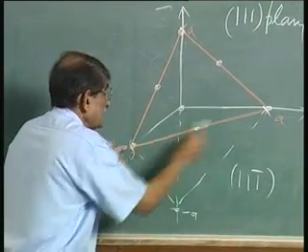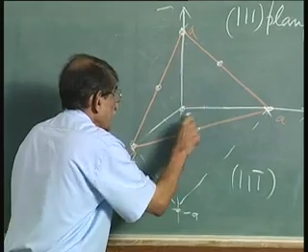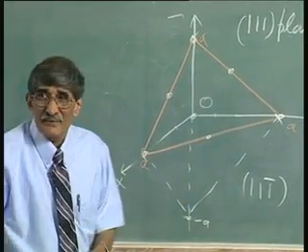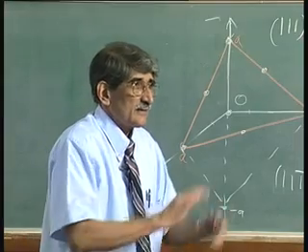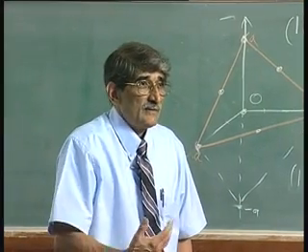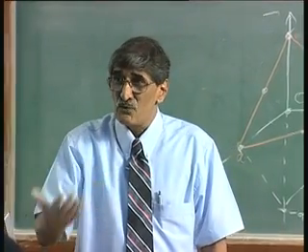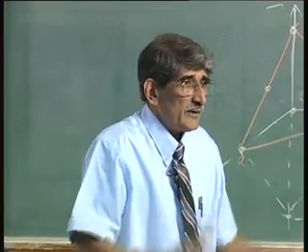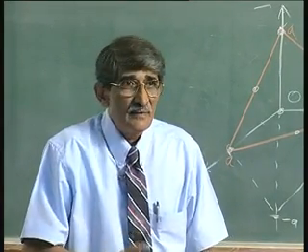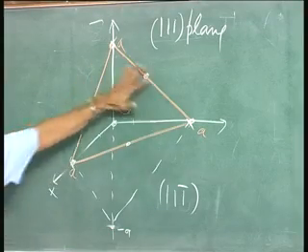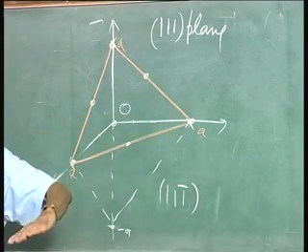Because this is A, this is A, but if you take A by 4, A by 4, A by 4, that is that atom, gallium, that is this atom. So, this atom is below that plane. If you stand on that plane and draw parallel lines, you will see that arsenic is there, gallium is there, then arsenic is there. So, you can see the forces of attraction between these two planes will be not merely the covalent bonding, plus electrostatic force will be there, because this is totally arsenic, this is totally gallium, the next plane.